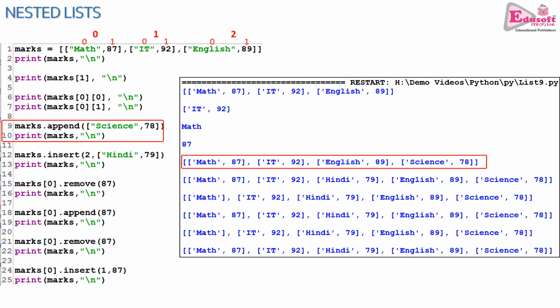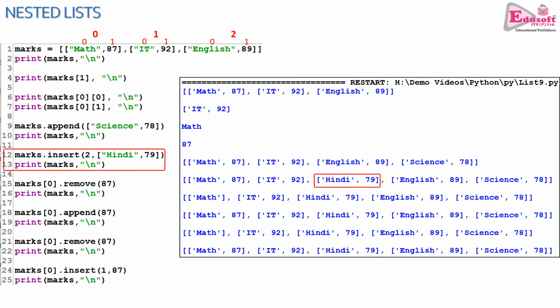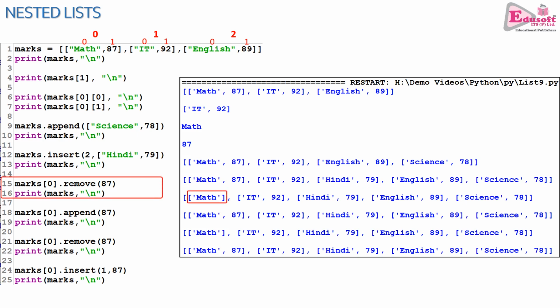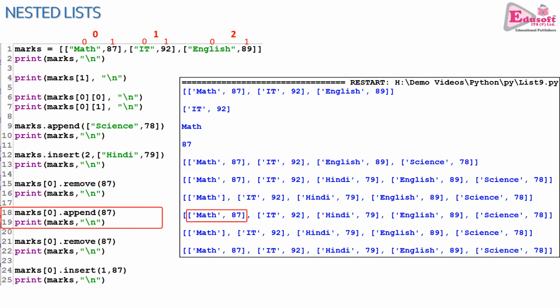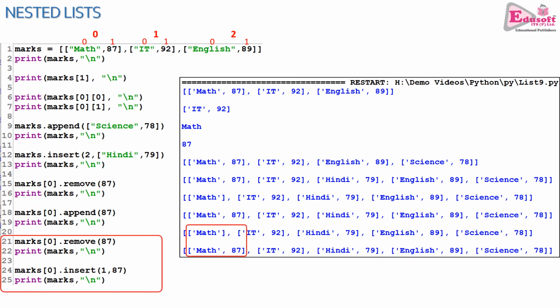We have inserted another list, Hindi 79, at index 2. Then see line number 15. From marks 0, we have removed the value 87. So the first nested list will remain with only the value math. In line 18, I have appended 87 back to the first list. In line number 21 and 24, I am showing you another way of inserting the value. What I am doing is using the insert function.